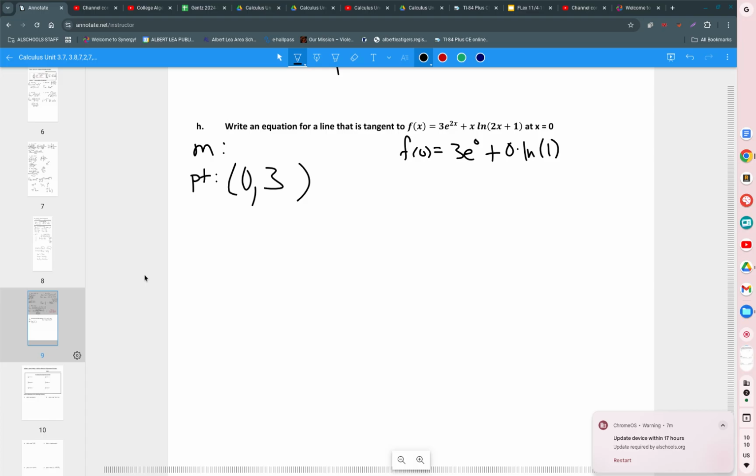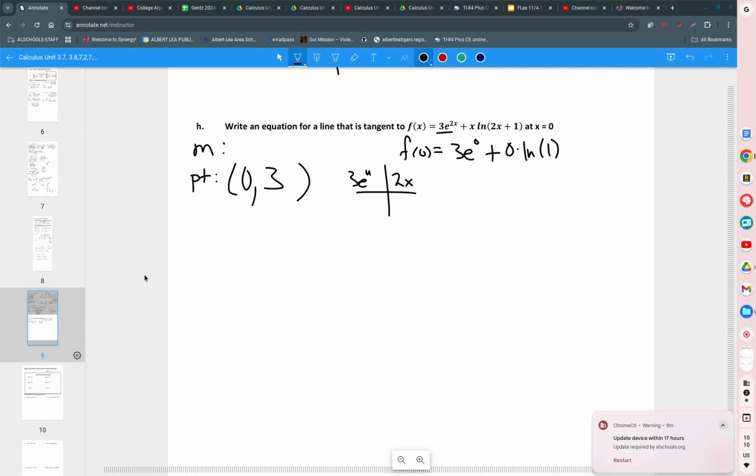How do I find my slope? Take the derivative. What rule will I use to find the derivative of that? If it was 3x e to the 2x, then it's the product rule. But because it's just 3 e to the 2x, chain rule. 3 e to the u and u is 2x.